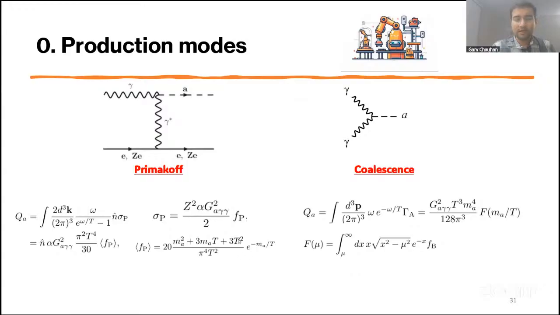But if the mass is greater than the temperature scale, the maximum dependence is of order m_a squared, while for the coalescence process, it's proportional to m_a to the power 4. So it's a pretty strong function of axion mass, and that's why it takes over for heavier masses.